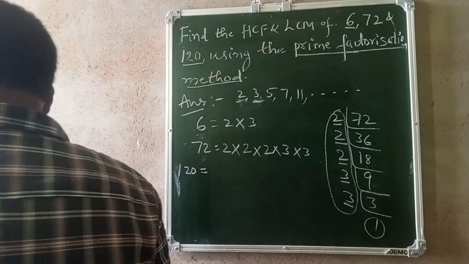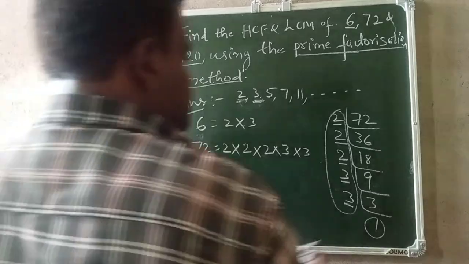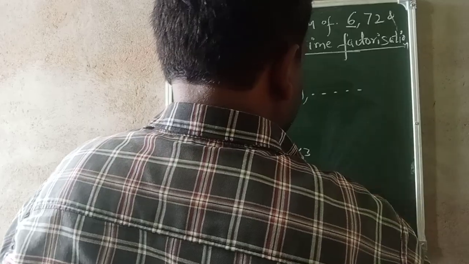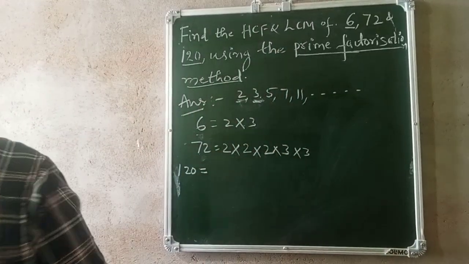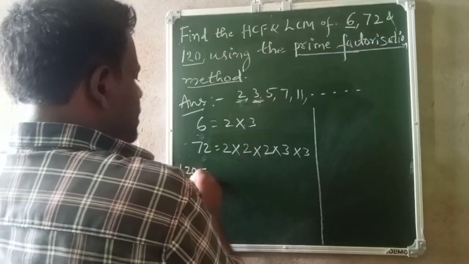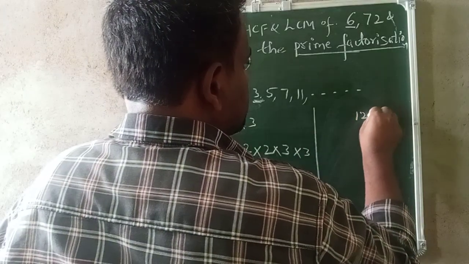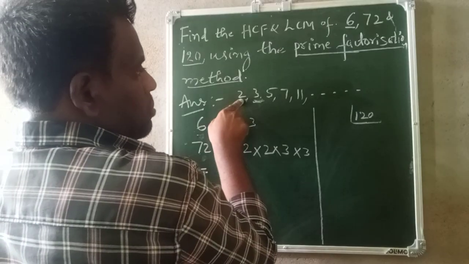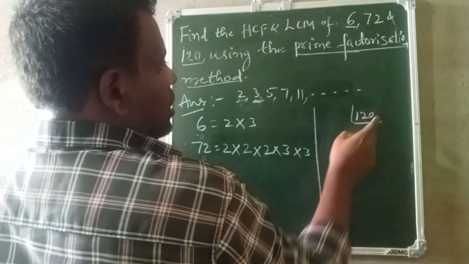120 is equal to... now take this 120 here, put it like this. See, the first prime number 2 can divide this 120.